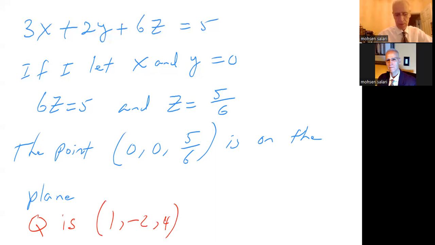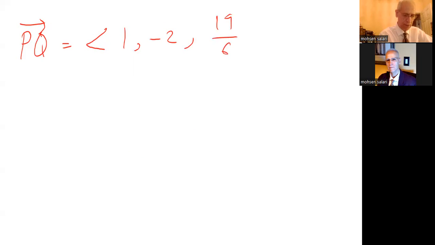Okay, so what is PQ? The vector PQ means I get a 1, a -2, and a 19/6. How did I get 1? PQ is 1 minus 0, -2 minus 0, and 4 minus 5/6, which gives me 19/6.